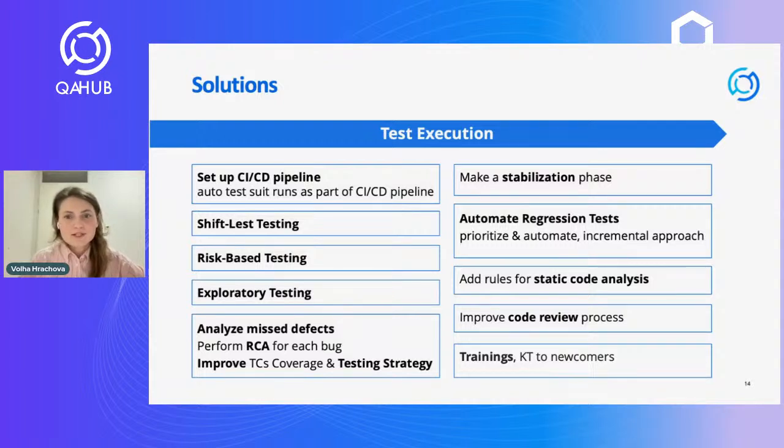So do the second stage and automate something more.